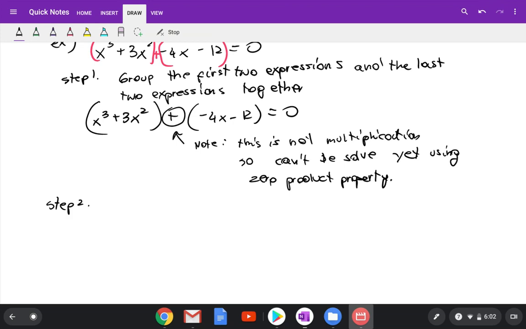will be factor out GCF from each group. You're going to factor out GCF from each group. So the first group, we have x to the third power plus 3x squared.